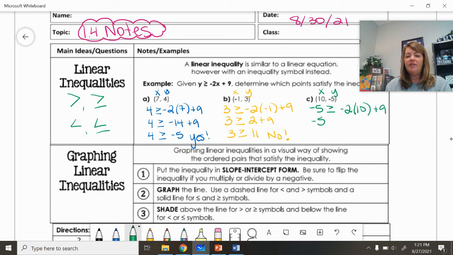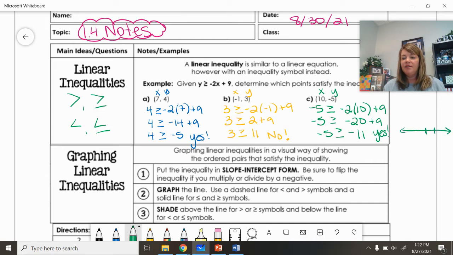Negative 2 times positive 10 is negative 20 plus 9. So is negative 5 greater than or equal to negative 11? Is negative 5 greater than negative 11? Yes, that's true.